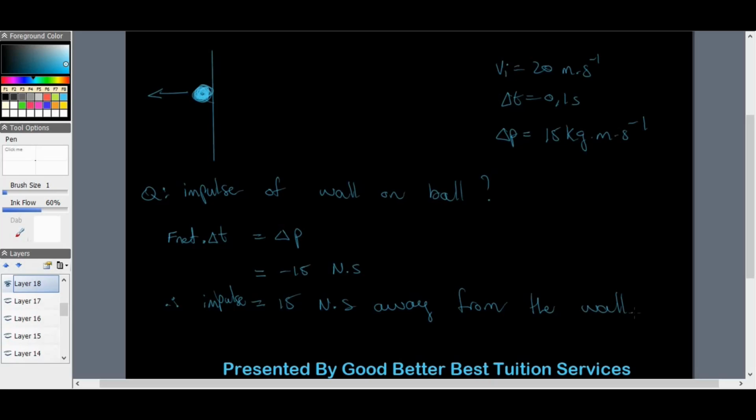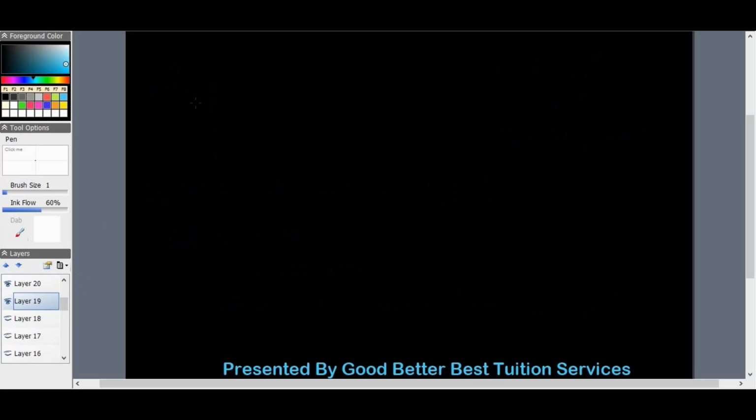Now, where the impulse formula comes into play is when they ask you to calculate things such as the net force, or the time, based on the change in momentum. So for example, if I asked you to calculate the net force of the ball, I'm going to say impulse is equal to my change in momentum, which I found to be negative 15, or 15 newton seconds away from the wall.